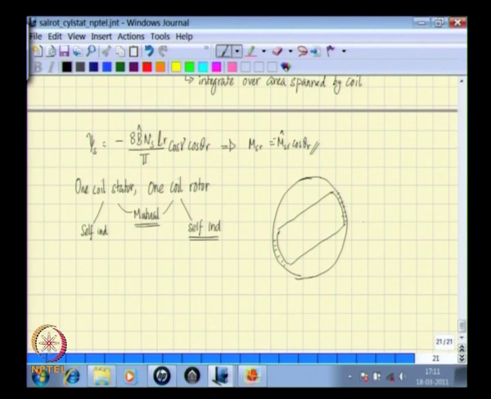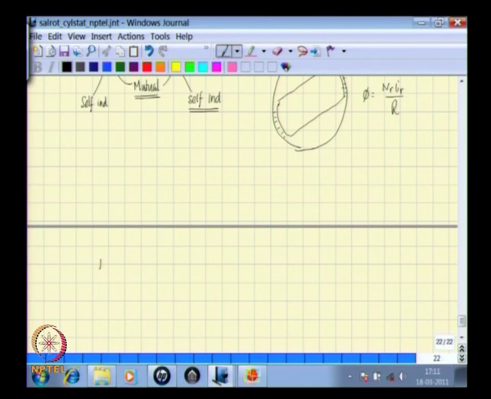we can easily say that the flux that is thereby generated is given by the MMF, which is NR into IR, that is the MMF, divided by the total reluctance, and the reluctance is given by the reluctance of air gap 1 plus reluctance of air gap 2, air gap 1 being under pole phase 1 and reluctance 2 being the air gap under pole phase 2.